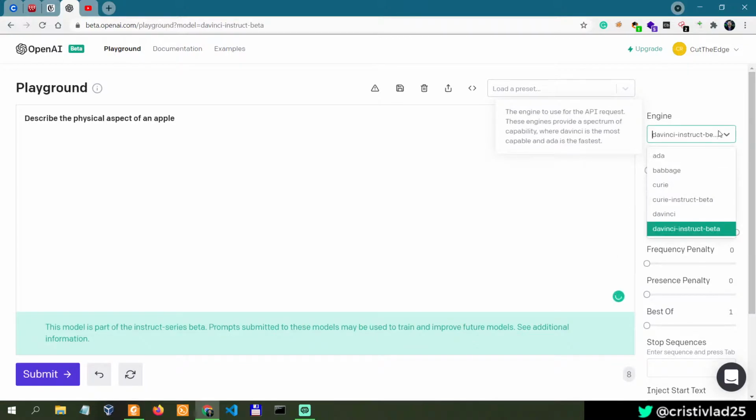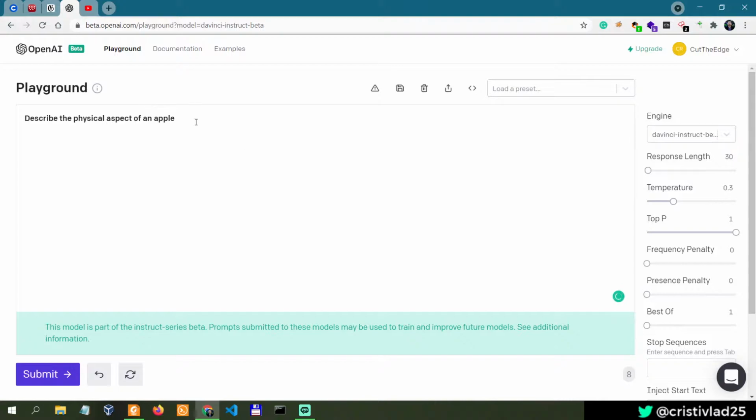In this case I'm going to select instruct beta because it better understands the prompt without actually having to give it more context. So instead of, let's say, physical aspect, let's say visual aspect of an apple, and then let's give it 100 words.